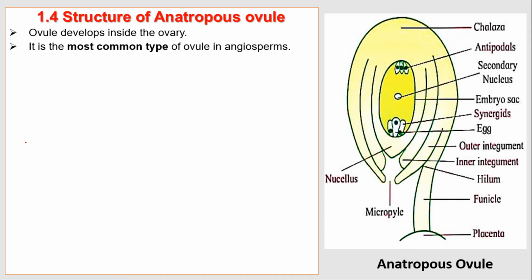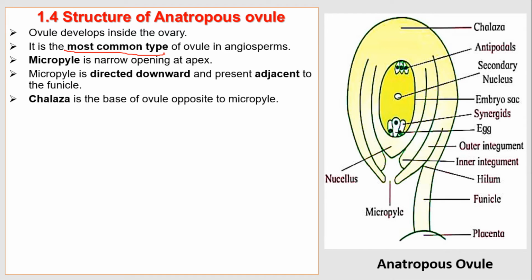Now we will see the structure of an anatropous ovule. In angiosperms, the anatropous ovule is the most common type of ovule. In this anatropous ovule, the micropyle is directed downward, and the micropyle is adjacent to this stalk or funicle.